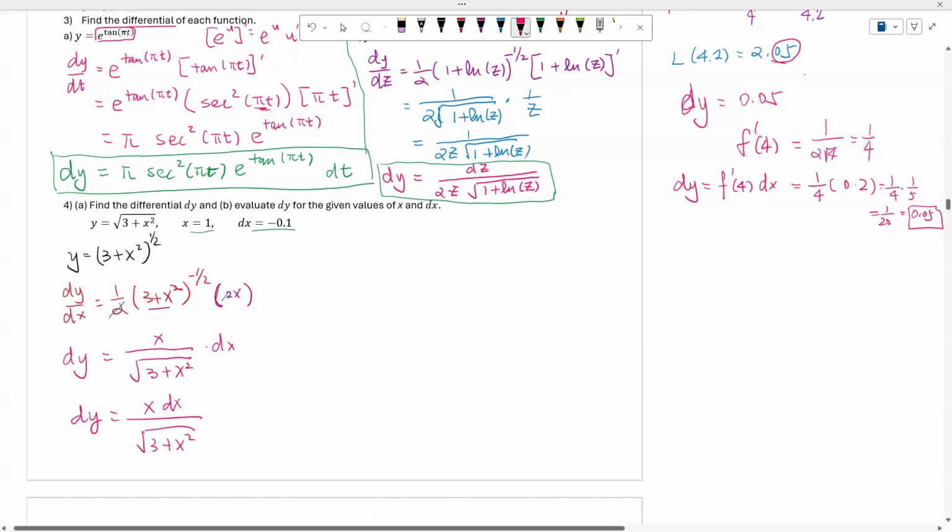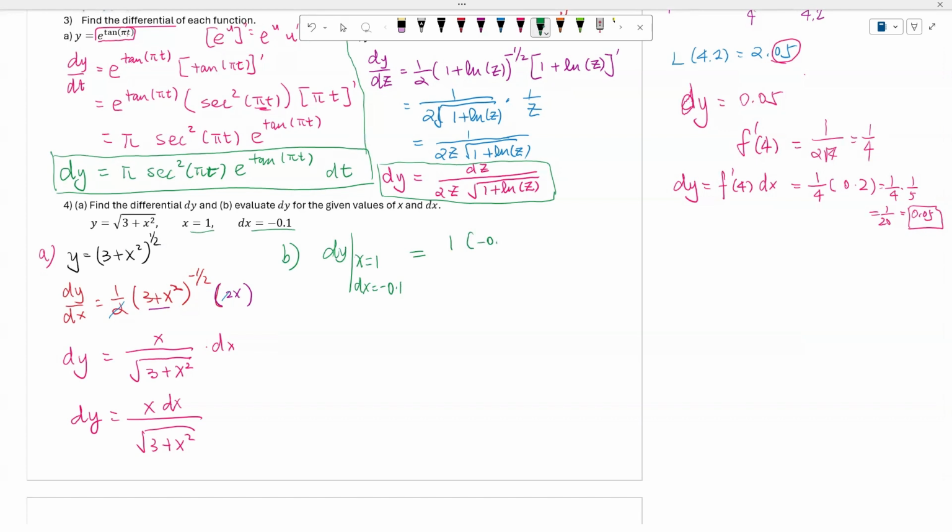So now this is part a, and for part b, we would like to evaluate dy at x equal to 1 and dx equal to negative 0.1, which is equal to 1 times negative 0.1 divided by square root of 3 plus 1 squared.